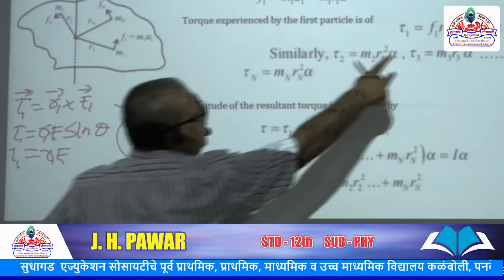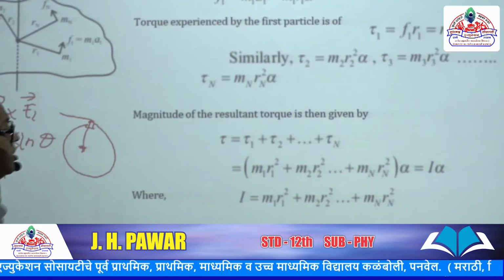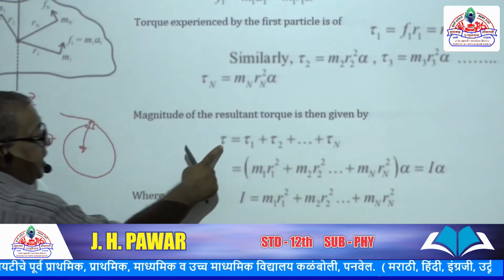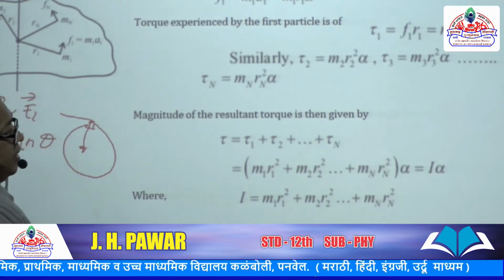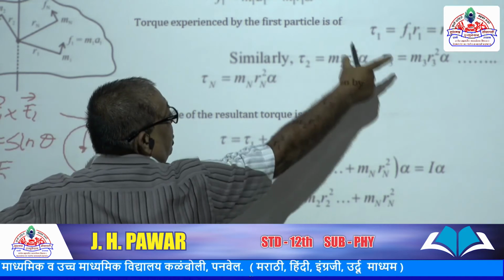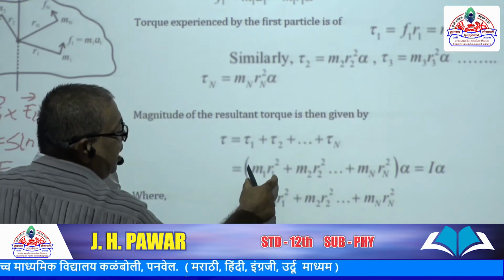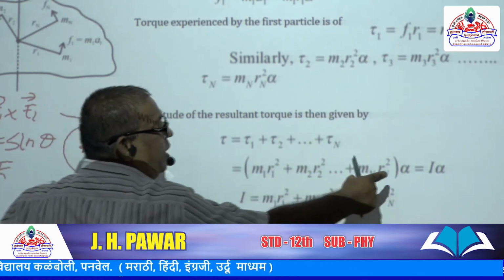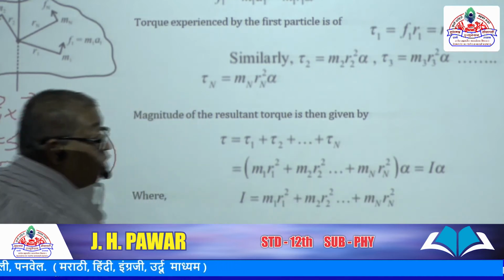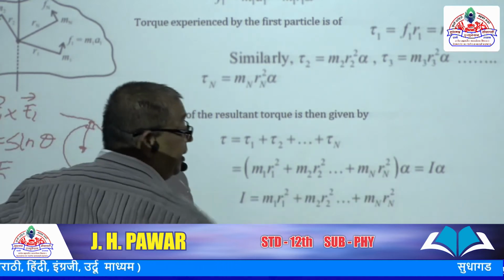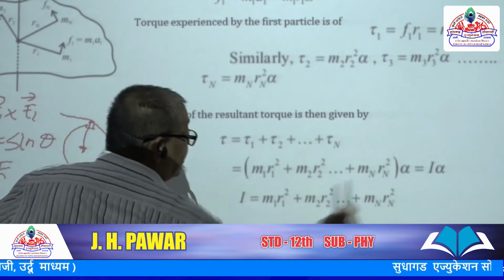Substituting the torque acting on each particle, tau equals m1 r1 square alpha plus m2 r2 square alpha up to mn rn square alpha. But alpha is common, so take it outside, and this remaining quantity is taken as I.